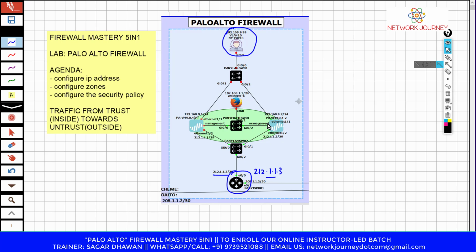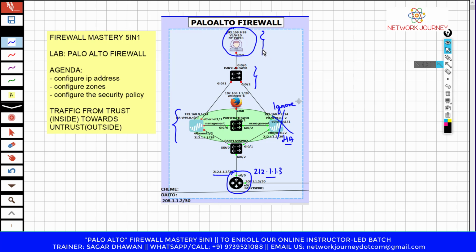Yes, we have two firewalls, but as of now, let's ignore this one. Maybe in future, when I cover HA, I need two firewalls, but as of now, let's keep only one. So I have kept all of these powered off. You can see this is powered off, this is also powered off, and this is my firewall, which is powered off.